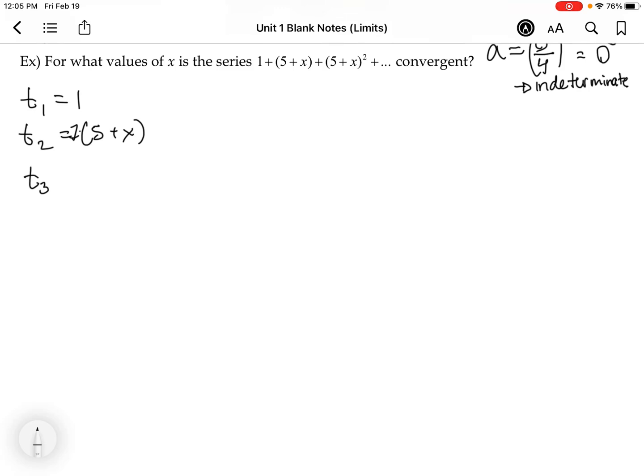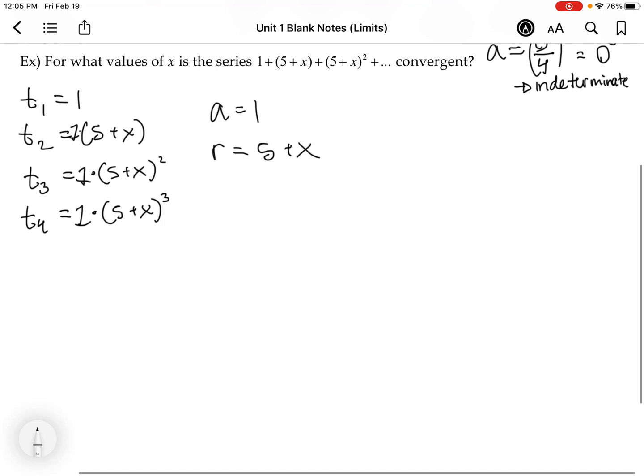T3 equals 1 times 5 plus x squared. So now I've multiplied by 5 plus x again. T4 would be 1 times 5 plus x cubed. I'd multiply by 5 plus x another time. So our a value is 1, and our r value is 5 plus x.